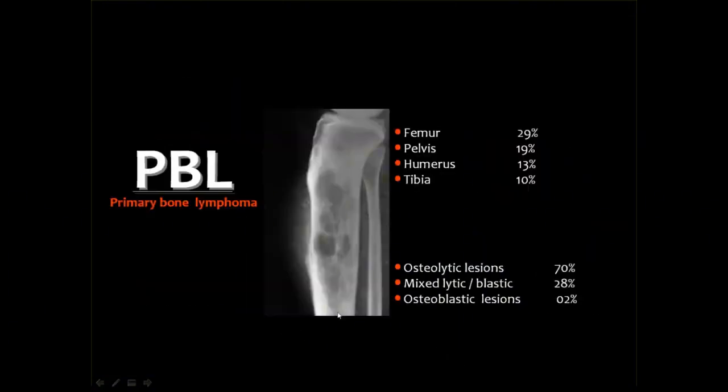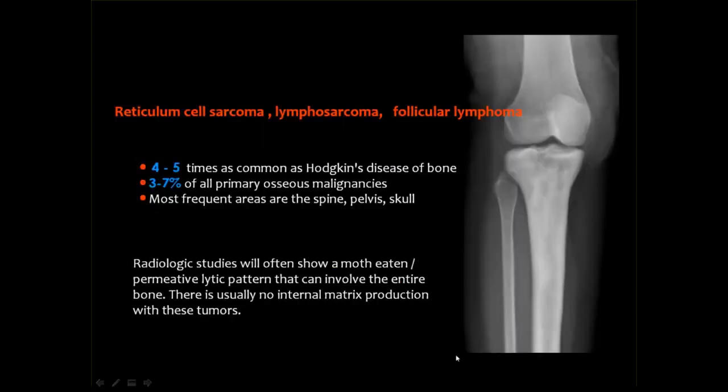These are the frequencies of affection of different bones: the femur, the pelvis, the humerus, the tibia, and this is the frequency of the appearance on the imaging. Osteolytic lesions are most common, then mixed lytic and blastic lesions, and osteoblastic lesions are the rarest.